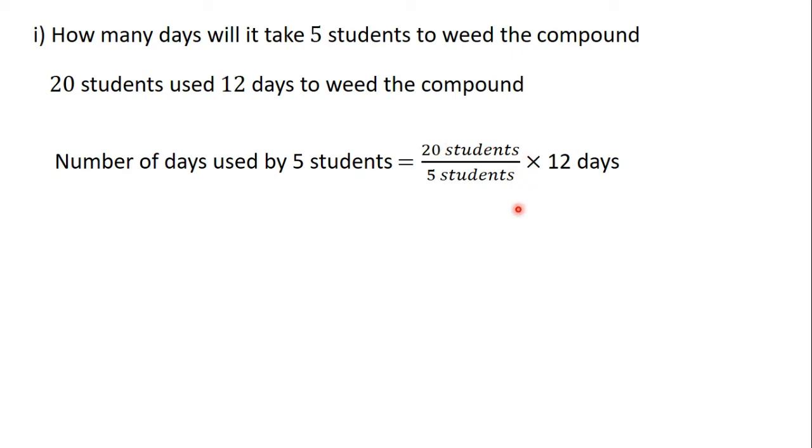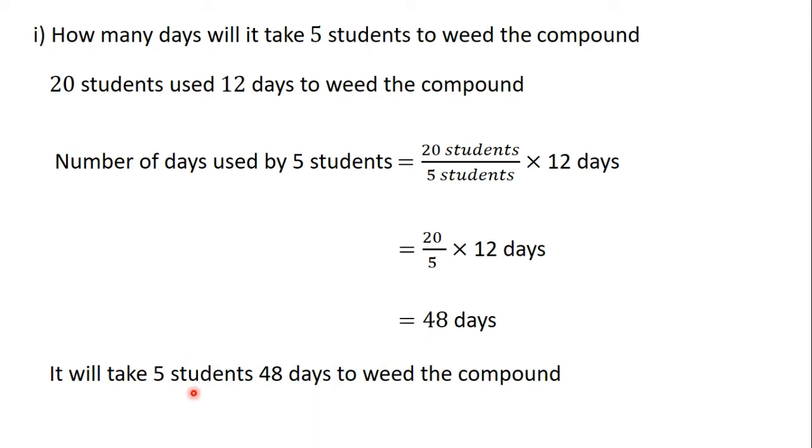Students and students will cancel out, so you have 20 divided by 5 times 12 days. 20 divided by 5 will give us 4. 4 times 12 days will give us 48 days. So it will take 5 students 48 days to read the compound.